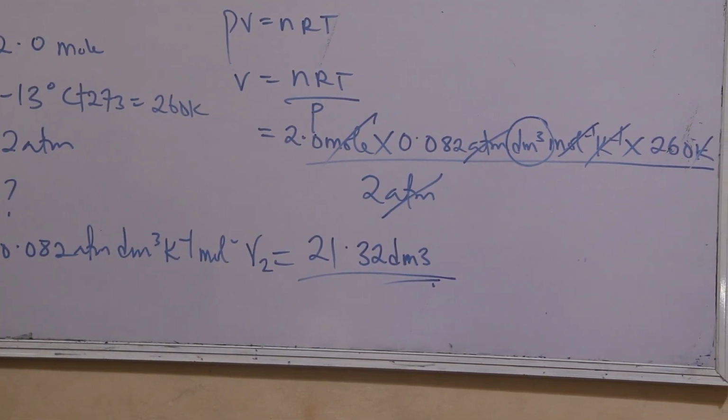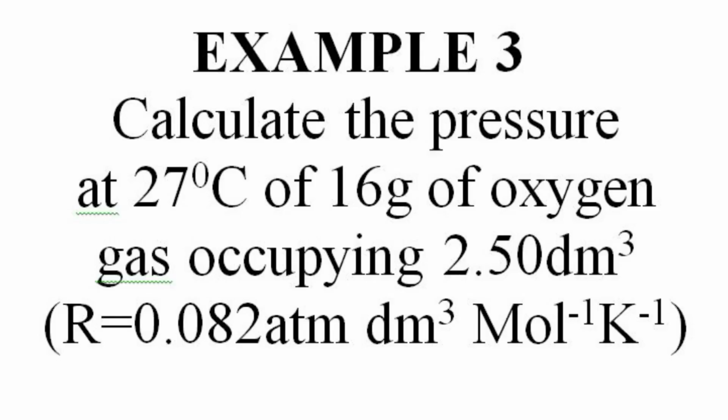Let's quickly move to the third example. Example 3: Calculate the pressure at 27 degrees C of 60 grams of oxygen gas occupying 2.5 dm³. Of course, our gas constant R is 0.082 per mole per dm³.